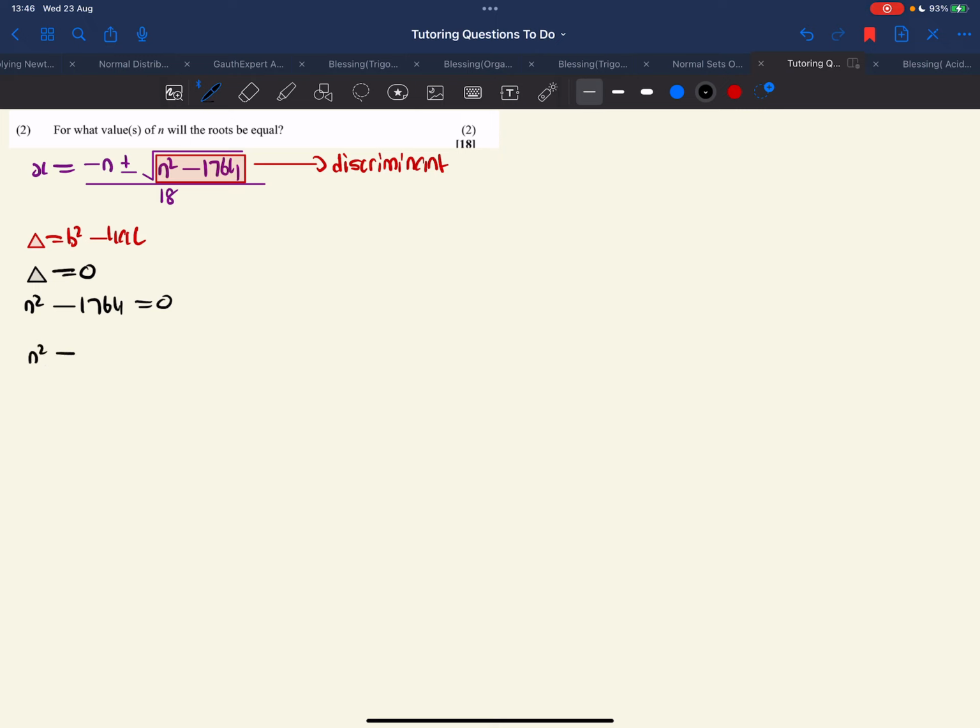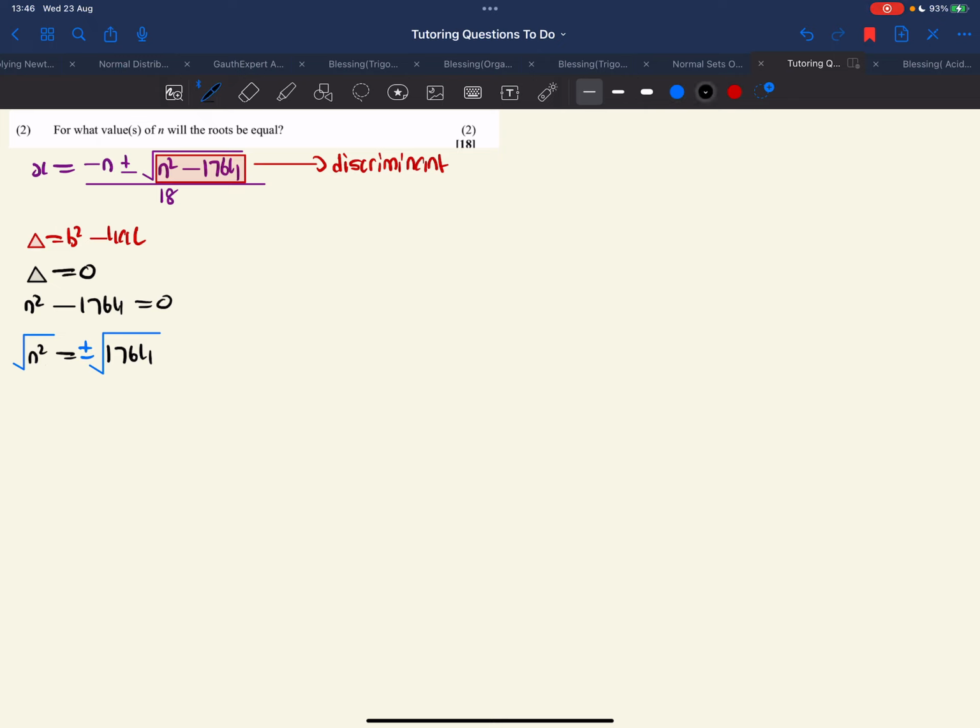Now remember, in maths, to get rid of the square, we can just square root both sides. And also remember, when you square root both sides, you have to put a plus or a minus there.